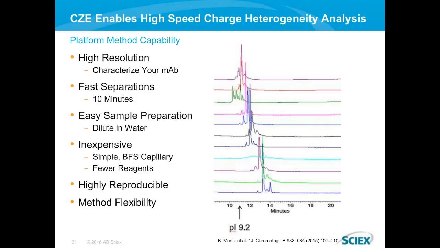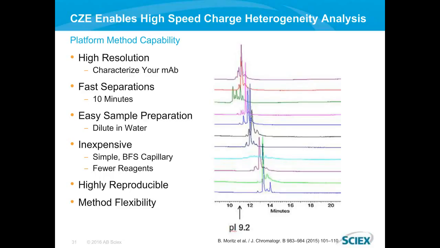If you look at the graph here on the right, the time scale is actually at about 14 minutes. The reason for that is because in this paper they were using a longer capillary. So obviously a longer capillary, you've got a longer separation distance. The migration times are going to be a little bit longer. But using the standard 30 centimeter capillary, you're going to get separation times on the order of 8 to 10 minutes.